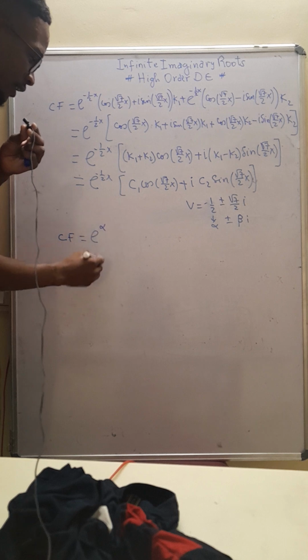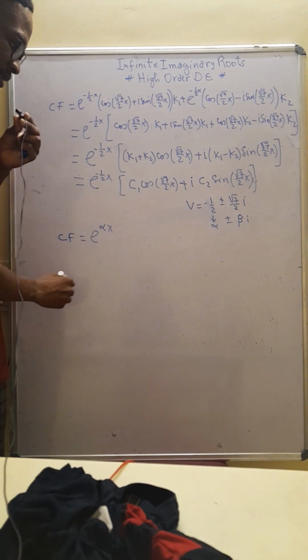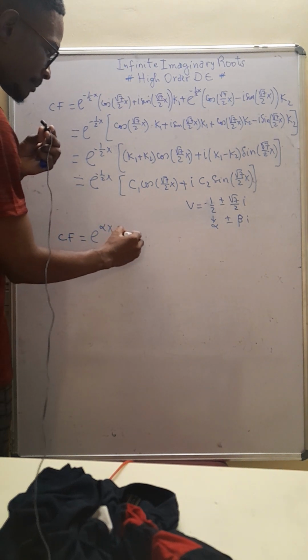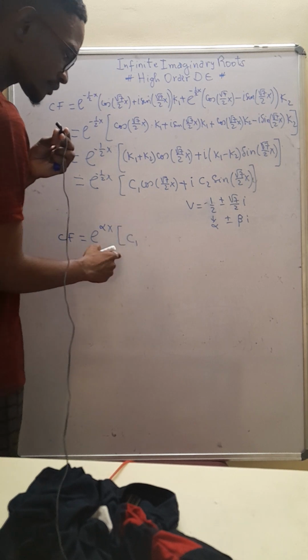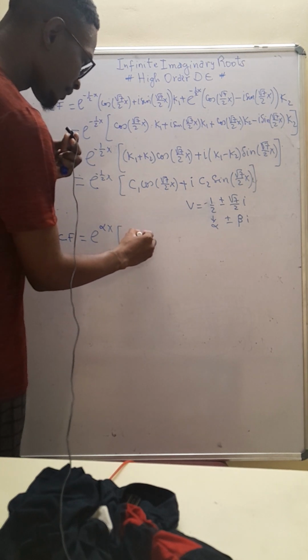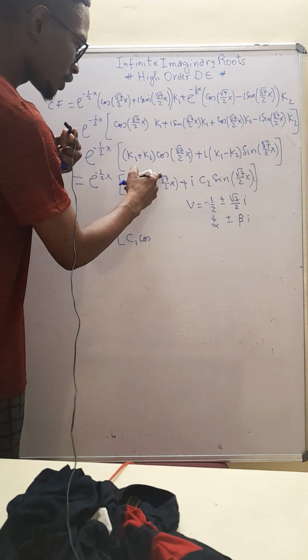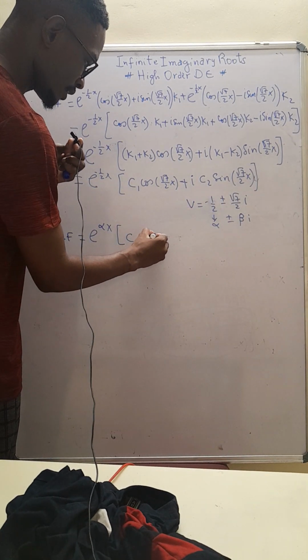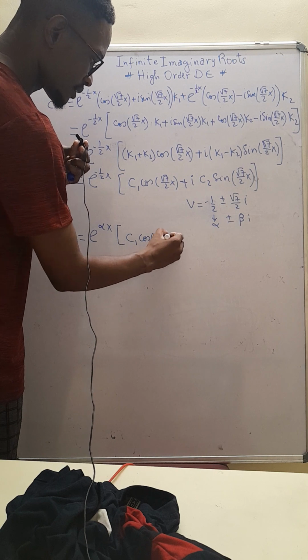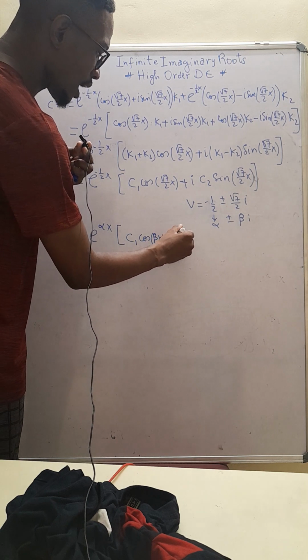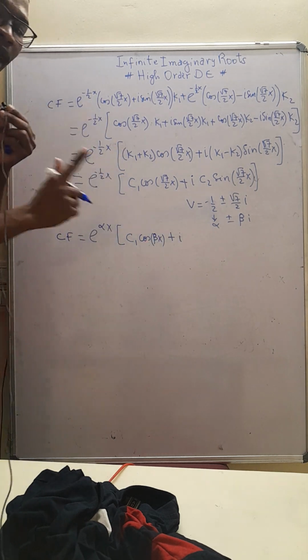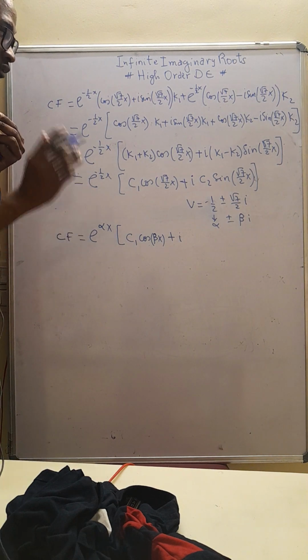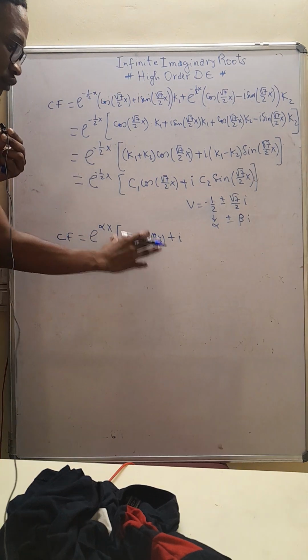So this will be Euler raised to alpha times x, multiplied by C1 times cos beta x plus I. This is for one pair. When I have one pair of imaginary numbers, this is the solution for one pair.